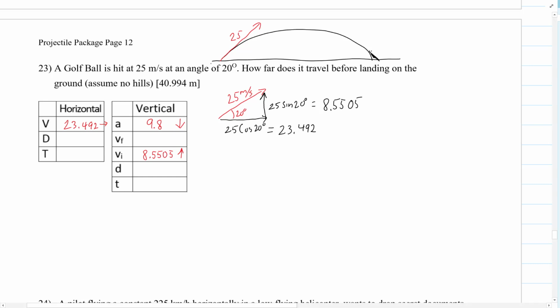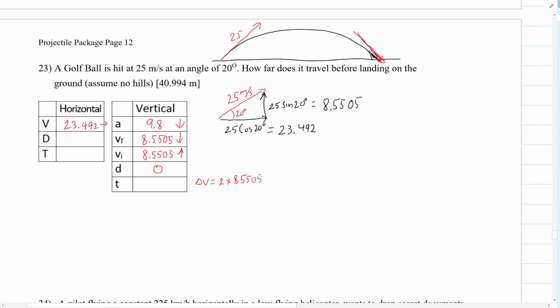Initially, if it's landing over here, it's coming in and hitting down at this point. That's the vector down there. Its displacement is 0, because up and down it comes back at the same place. And in Mr. Curlism, what goes up must come down and at the same speed. So 8.5505 down. The change in velocity is going to be 2 times 8.5505, up and down.